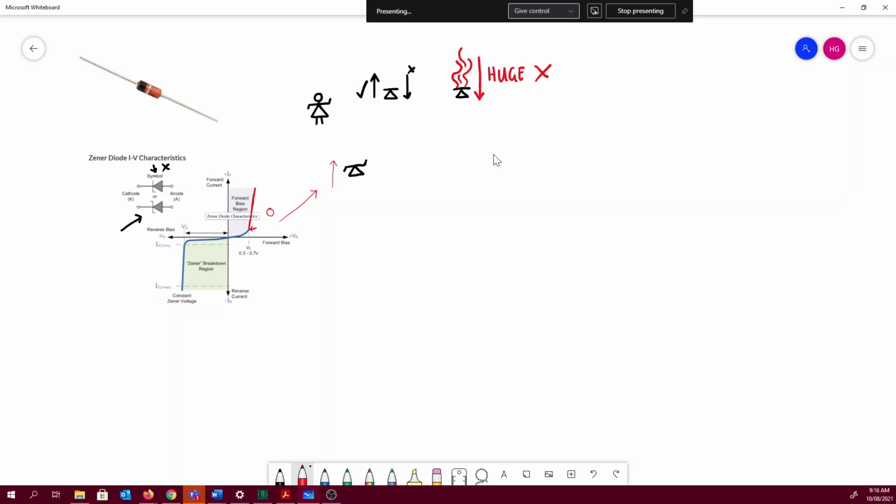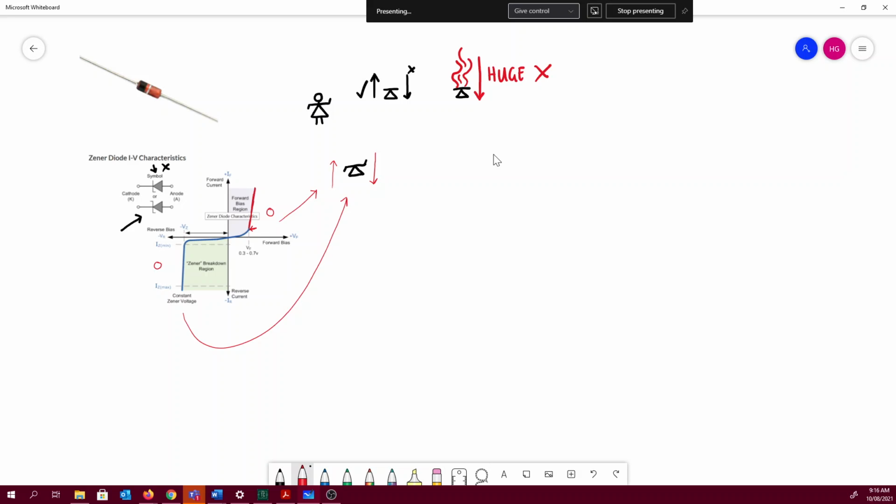What is different is this reverse biased region. So this is current flowing through the diode in the opposite direction. Now, for a Zener diode in the reverse bias direction, there's something really important called the Zener current.